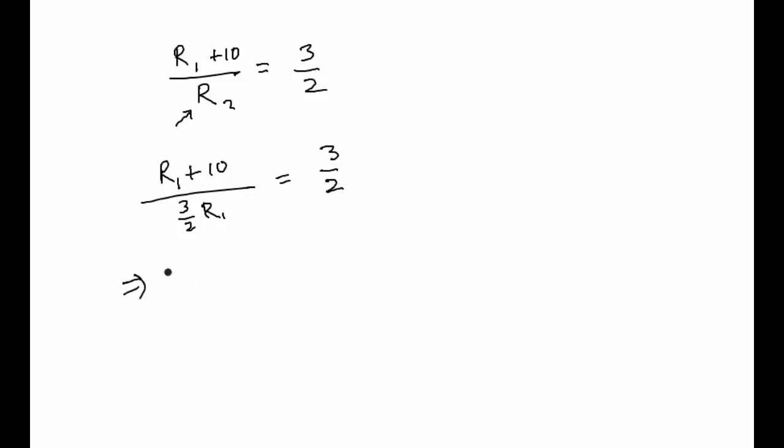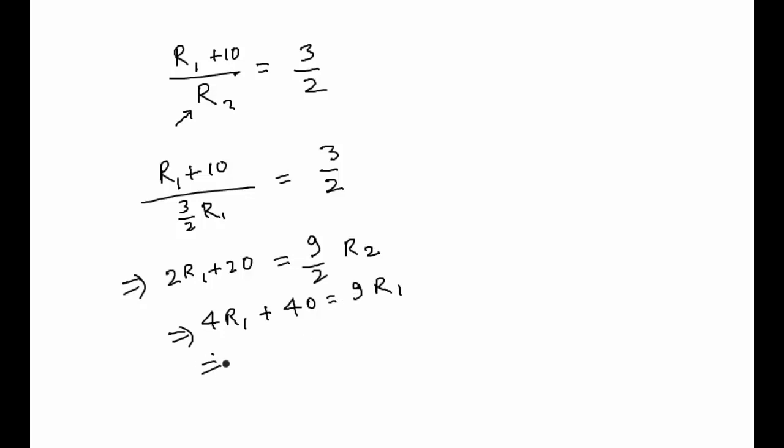So this gives us 2 R1 plus 20 is equal to 9 by 2 R1, or 4 R1 plus 40 is equal to 9 R1. That means 5 R1 is equal to 40, or R1 is equal to 8 ohm.